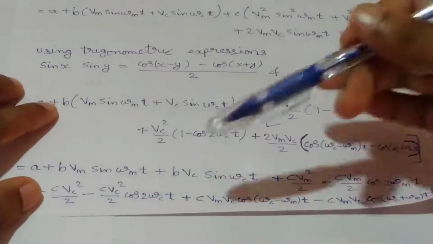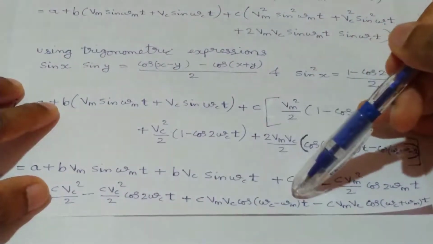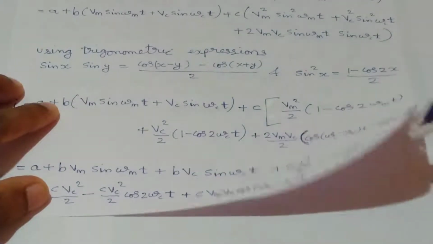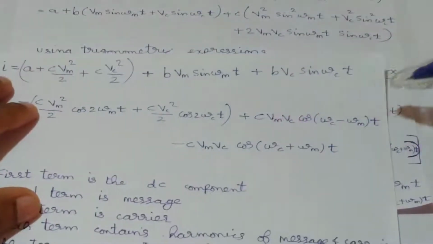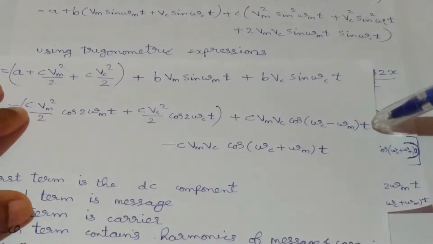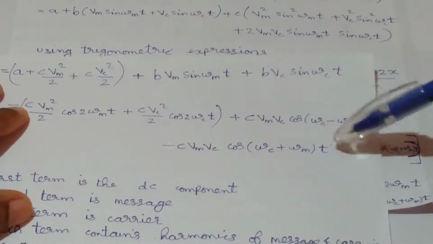Then we have these two terms remaining, C Vm Vc cos (omega c minus omega m) t minus C Vm Vc cos (omega c plus omega m) t.